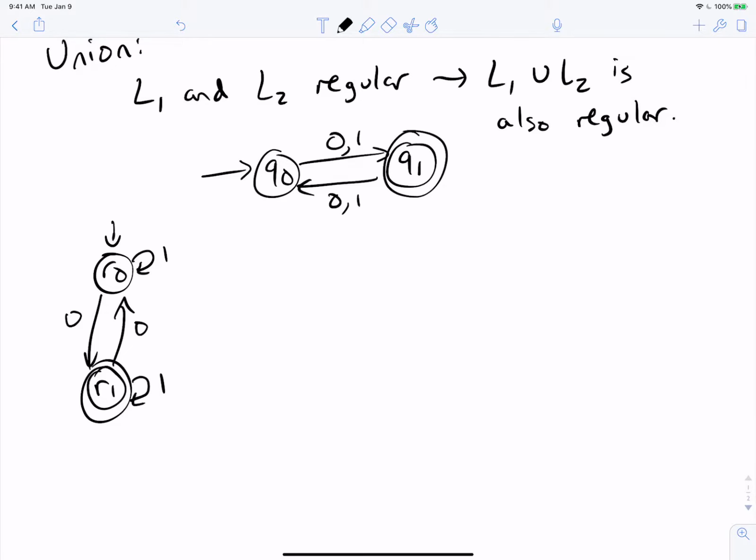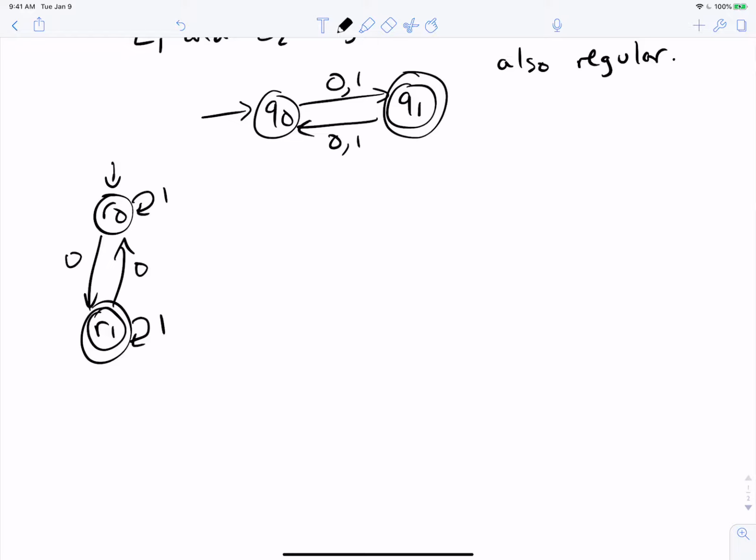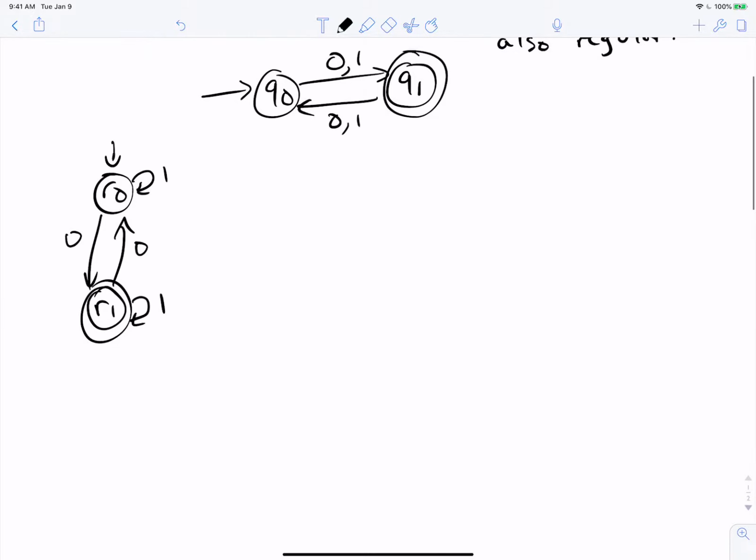So let's look at all 4 of those possibilities, because there are 2 choices of states from the first machine and 2 choices of states from the second machine. So there are 4 choices of states here.